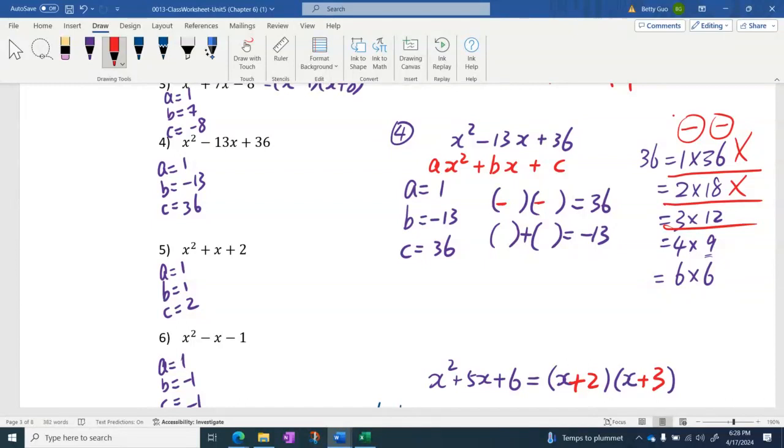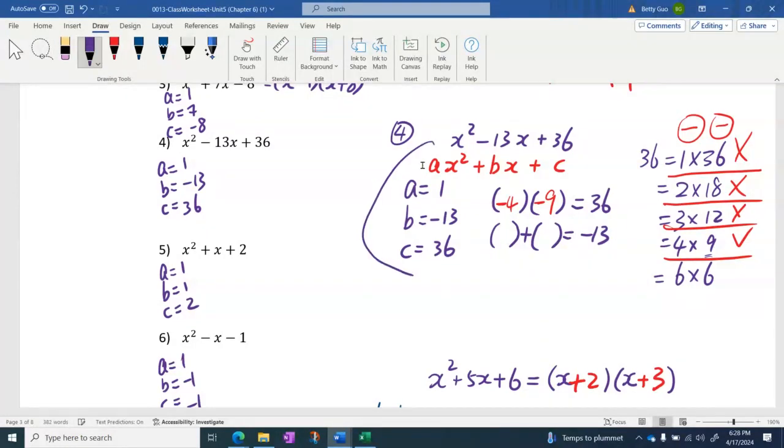They add up to -15. Very close, but no. Then we try -4 and -9. They add up to -13, right? -4 times -9 is a positive 36. -4 plus -9 is -13. So the two integers we are looking for are -4 and -9.